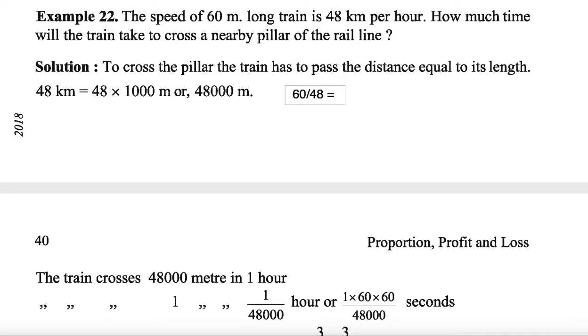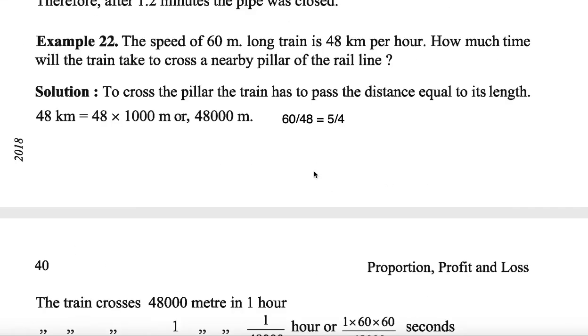It will go by 12, I guess. 12 fives are 60, 12 fours are 48. So 5 by 4 hours is nothing but 1 and 1/4 hour, so 1 hour 15 minutes. That is the time. Is it hours? No, no, sorry. This is not in kilometers. This is in meters, right?